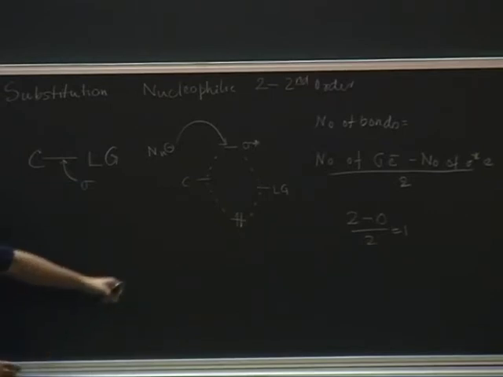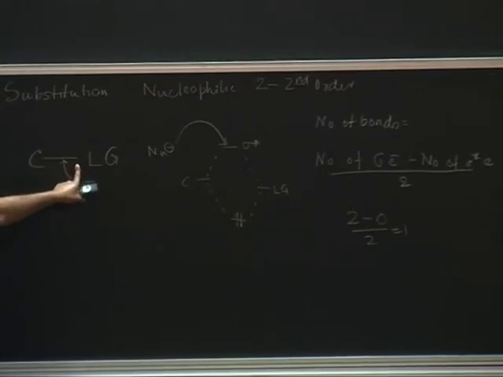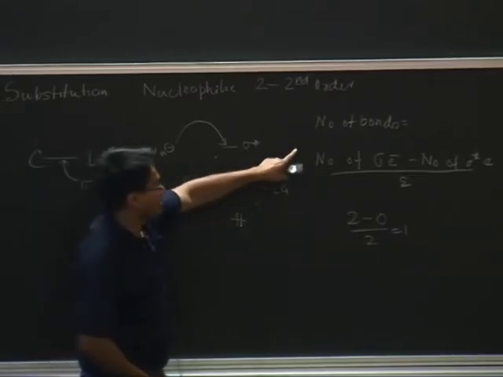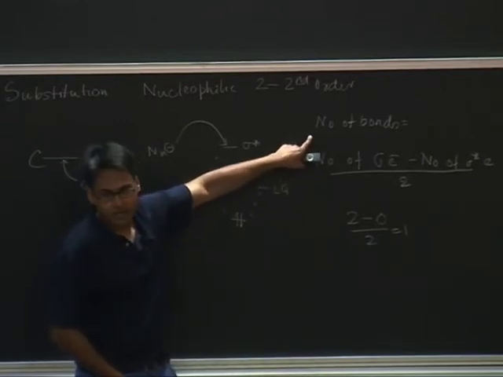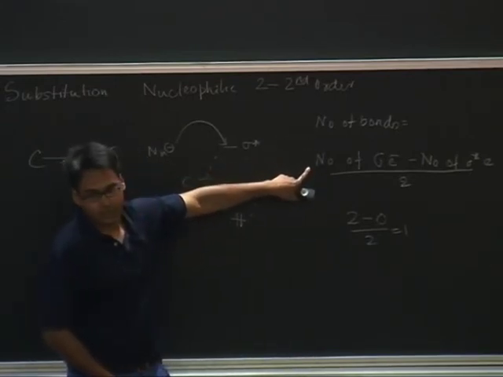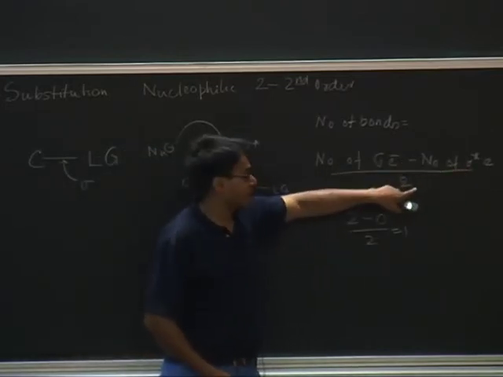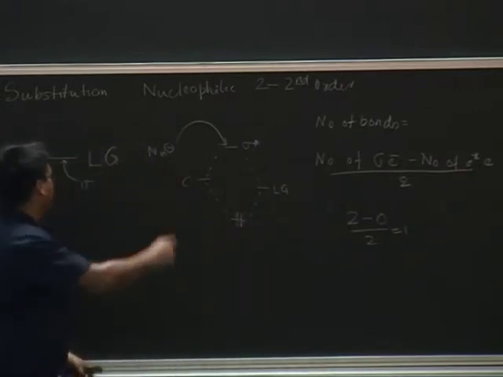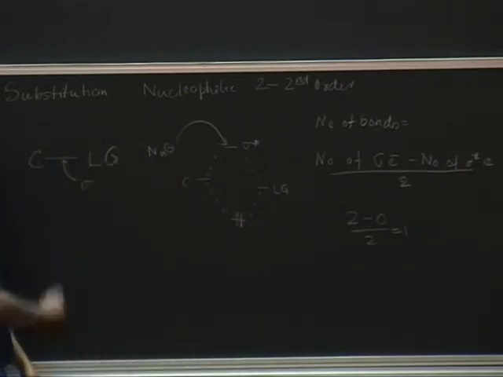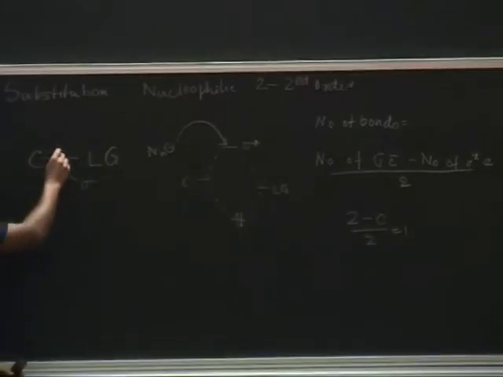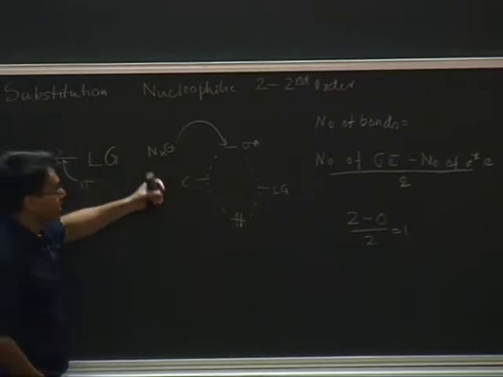Yes, sure. So I'm trying to break the carbon-leaving group bond. How do we break the bond? Before we go to that, we have to understand what a bond is from the electronic perspective, all right? In the electronic perspective, the number of bonds can be found by doing this math: number of sigma electrons minus number of sigma star electrons divided by 2, which in this case is 1, and you know there is one bond between carbon and leaving group. To break the bond equals making this bond order go to 0, all right? How do you do that?